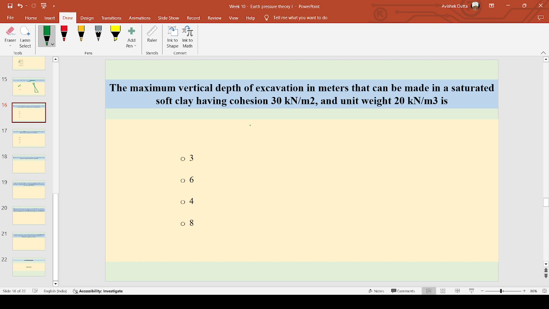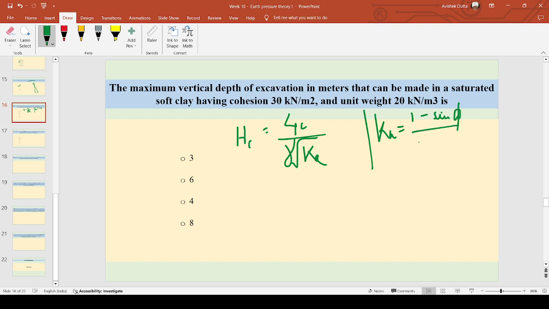First of all, maximum vertical depth, that is the unsupported height, H equals 4c by gamma root Ka, and I know the Ka formula is 1 minus sine phi divided by 1 plus sine phi.